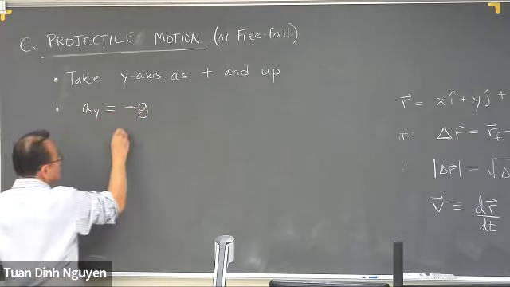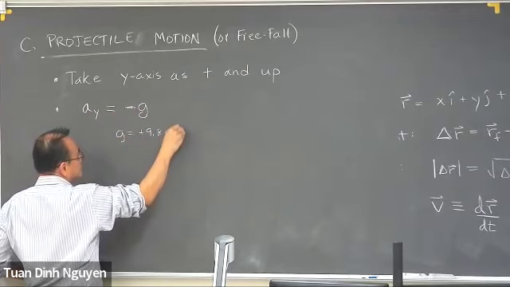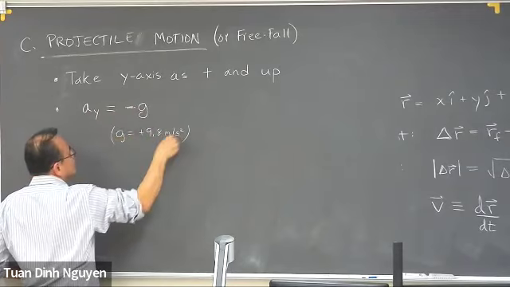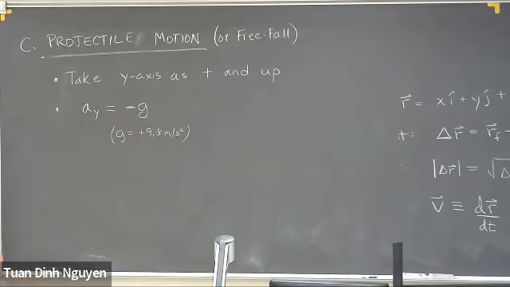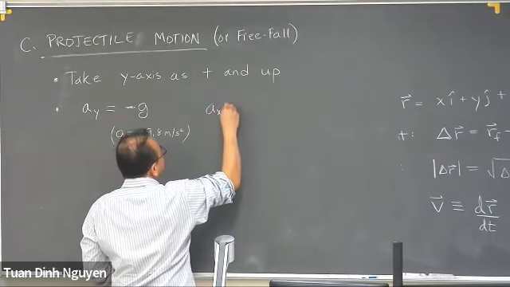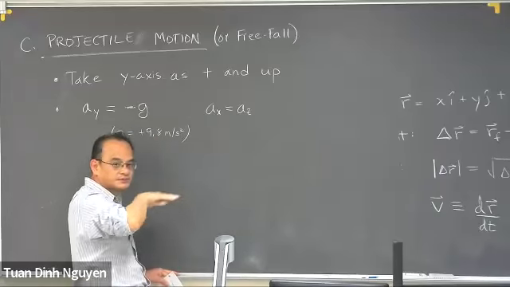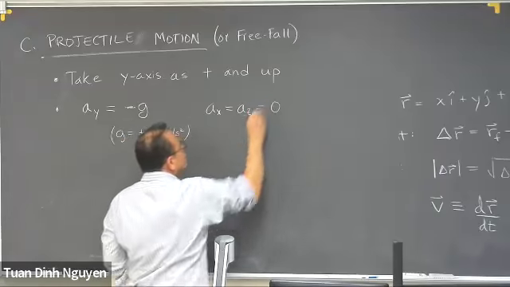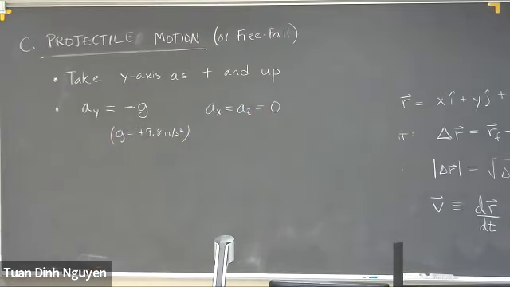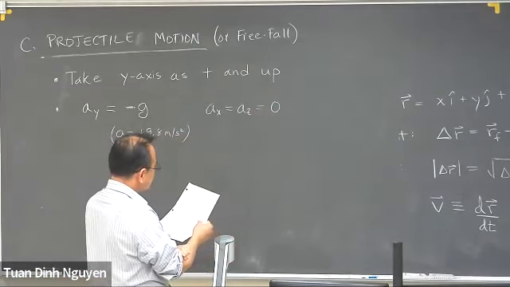And g is always a positive number, always 9.8 meters per second squared. That's why we put the minus sign to show that it's going down. And then a x and a z, those are horizontal to y, and there's no acceleration. So in projectile motion or free fall, there's only acceleration in the vertical direction, none in the horizontal.